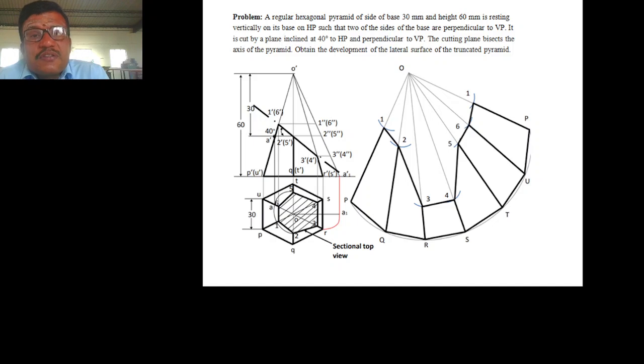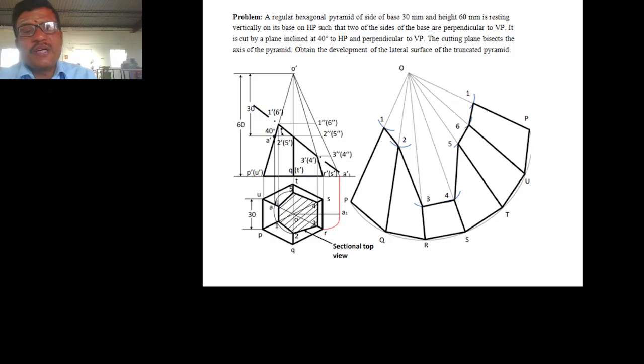From the arc, the base edge will be 30 mm. Mark it as PQ 30 mm, then QR 30 mm by your compass. RS 30 mm, ST 30 mm up to U. Join OP, OQ, OR, OS, OT and OU, OP.